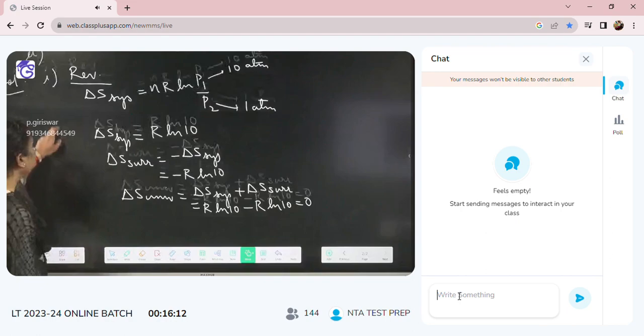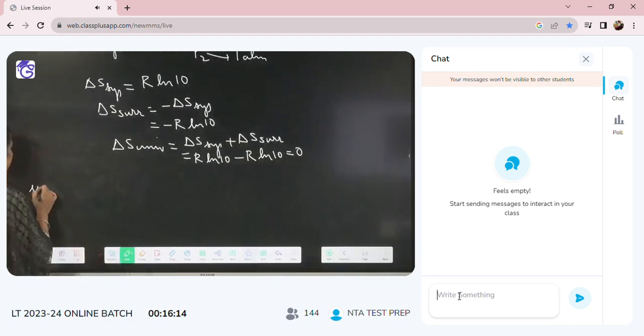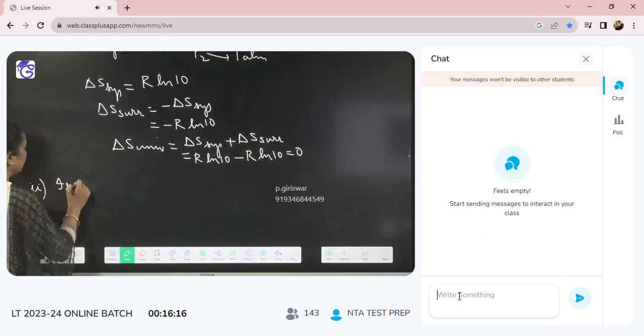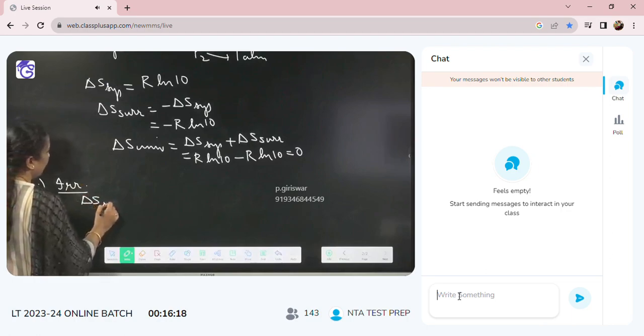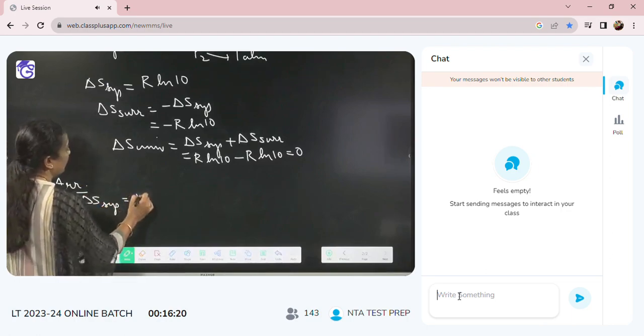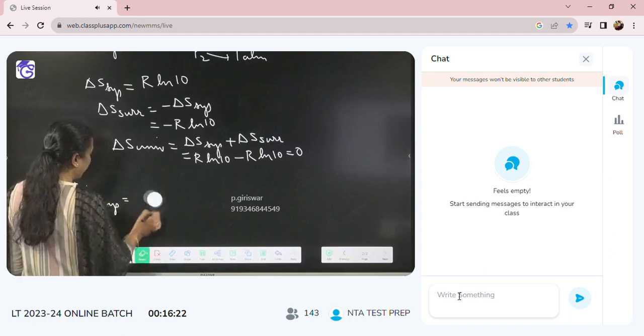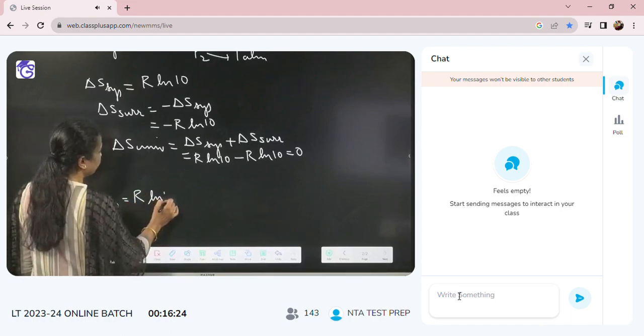Good. Then for irreversible, there will not be any change in the delta S system value because it doesn't get affected. So I am writing here the answer is R ln 10.